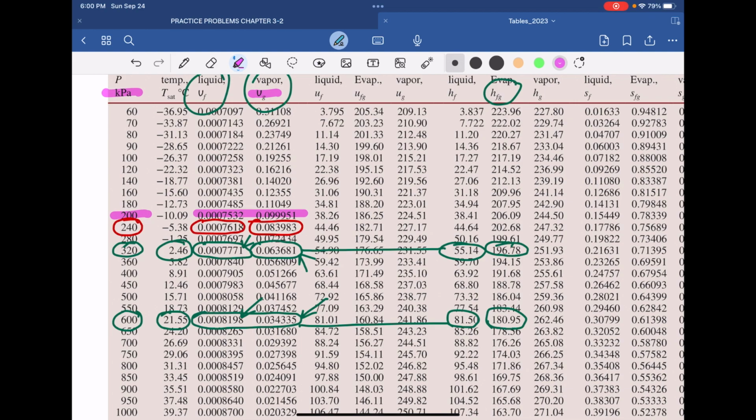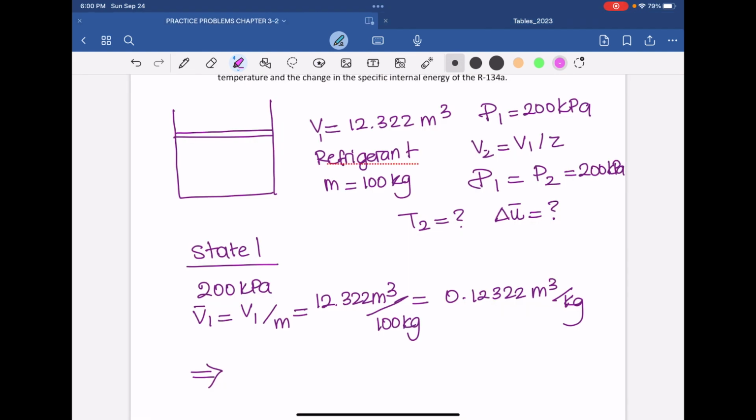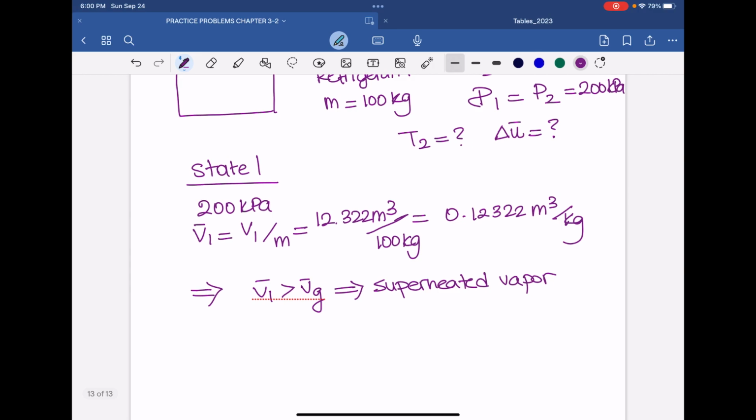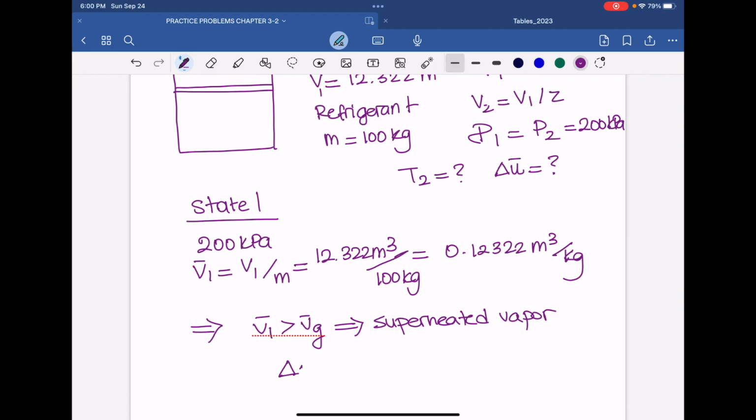So that tells me I actually have a superheated vapor. So if that is the case, we need to look at superheated tables to read the specific internal energy, because we need this information.